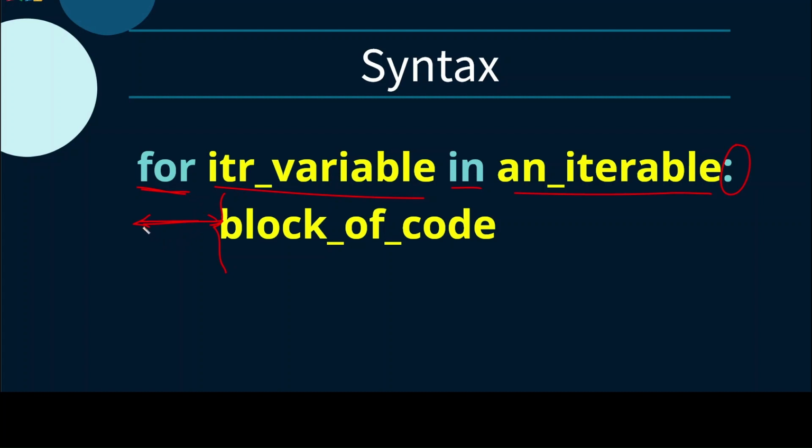So after giving some indent, we have to write a block of code. And this block of code will be executed for each occurrence of an item of this iterable. In this way, this block of code will be executed repeatedly.